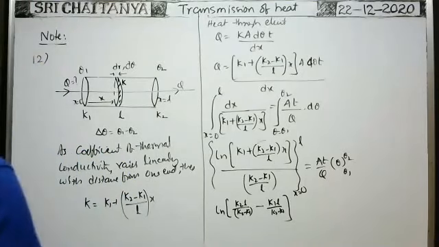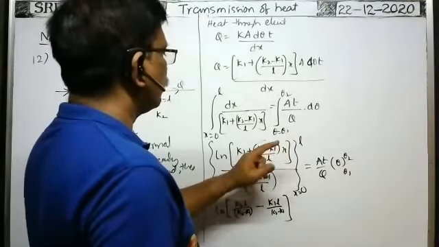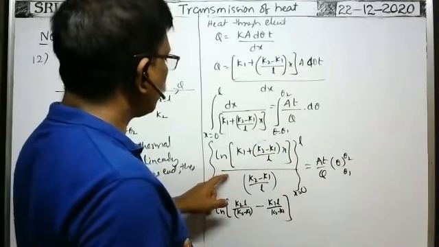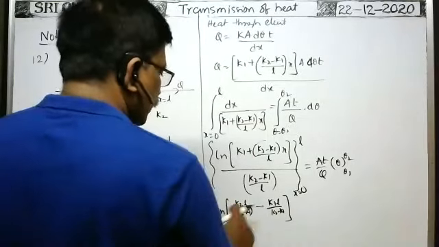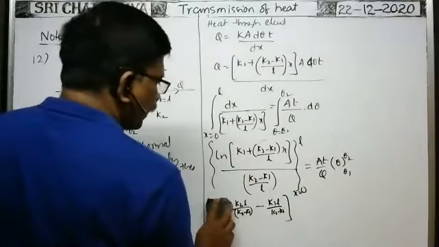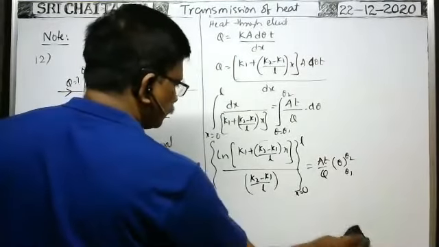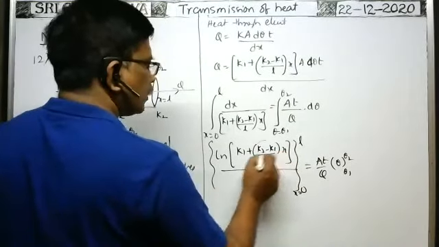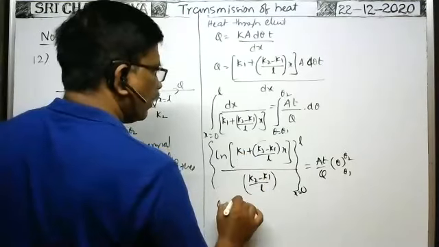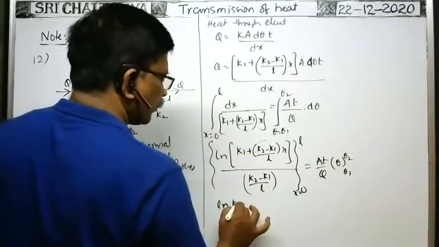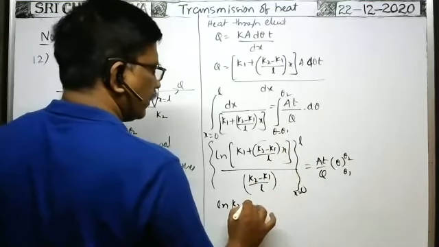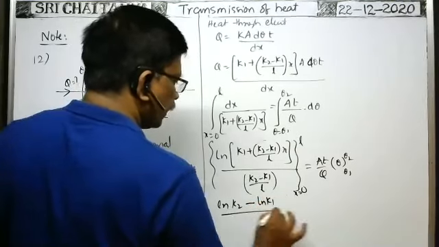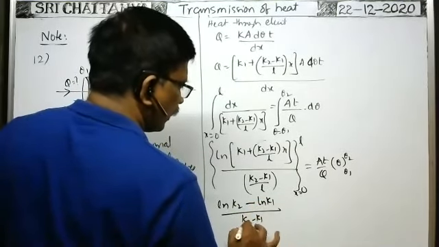Sorry, (K2 minus K1) by L is not inside the ln function; it is outside the ln function. You see here, x equal to L means these two cancel, then K1 plus K1 cancel, ln K2. When you substitute the lower limit, minus x equal to 0, then only ln K1 you will get, whole divided by (K2 minus K1) by L.